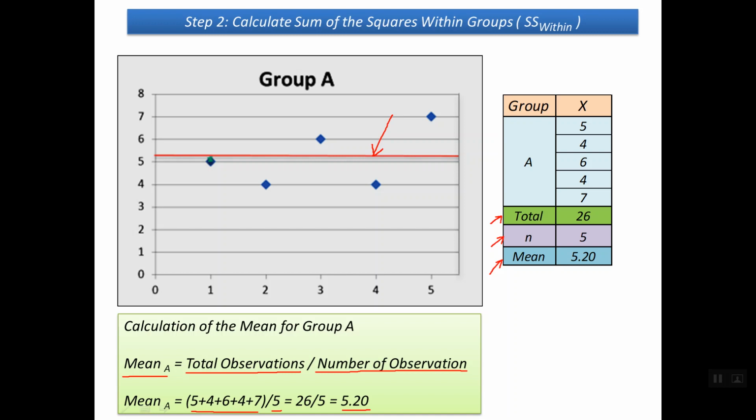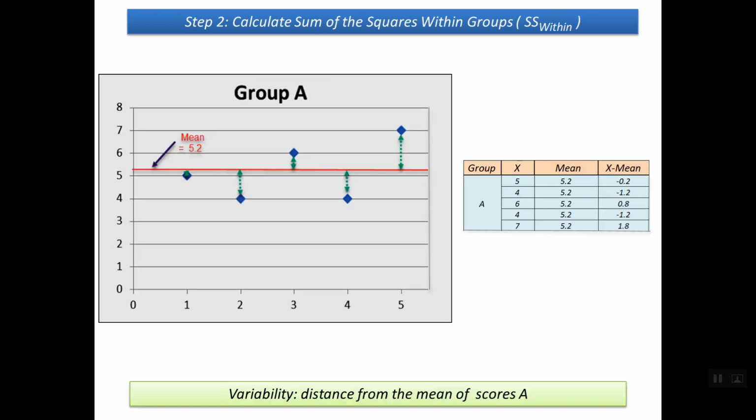So the meaning of the SS within group A represents how much the deviations or the scattering of the 5 observations are from the mean of group A. So in order to account for the variability, first we need to calculate the deviation of each observation from the mean.